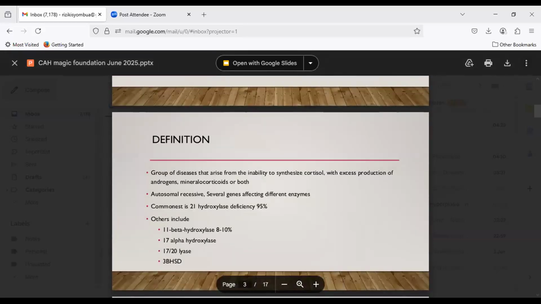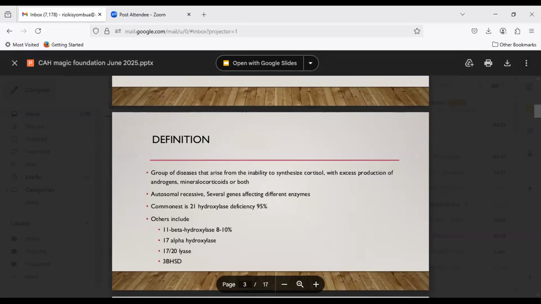By definition, congenital adrenal hyperplasia is a group of diseases that arise from the inability to synthesize cortisol, with excess production of androgens, mineralocorticoids, or both. It's an autosomal recessive disease with several genes that affect different enzymes that we are going to see shortly.